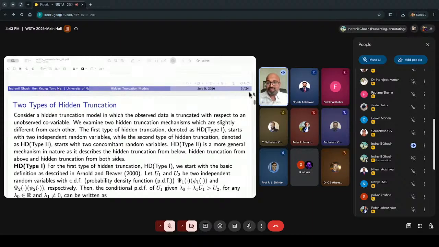It is good to mention here that a multivariate extension to this hidden truncation scenario could be envisioned. I know there is a paper by Arnold on flexible bivariate and multivariate hidden truncation models, in which he talked about hidden truncation in Pareto.